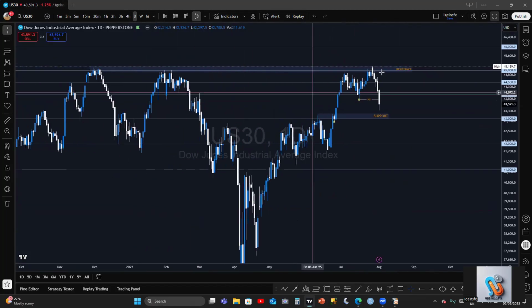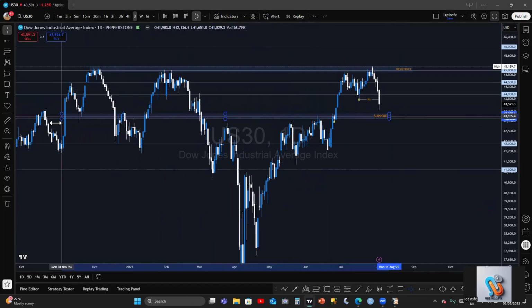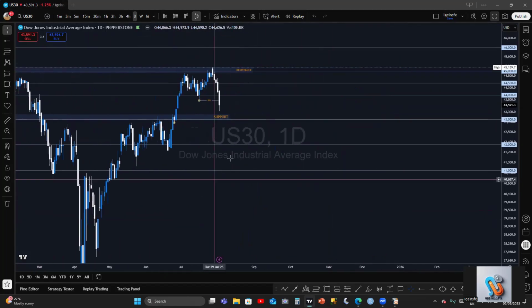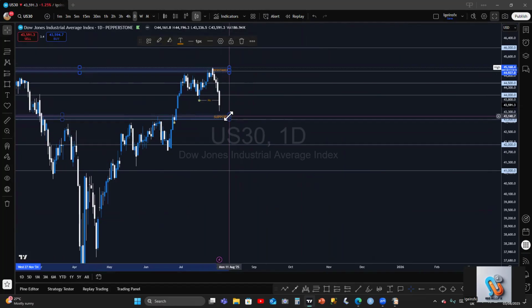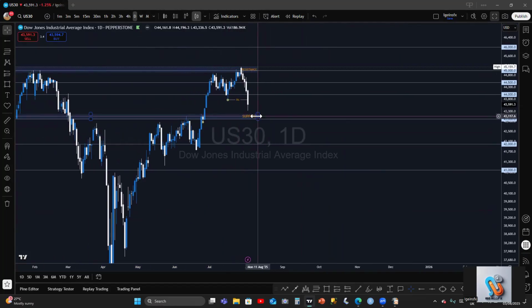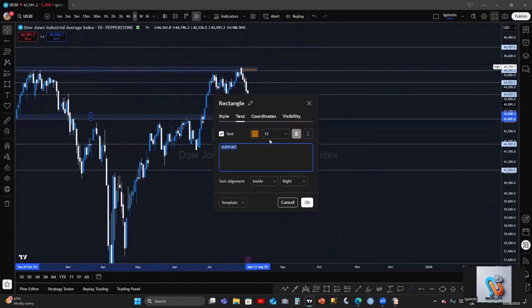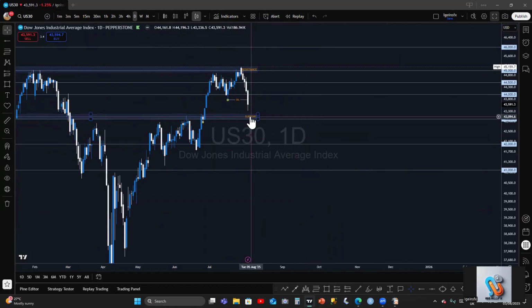And apart from that, there is a support level here. This is a support level, and there's a resistance level here.